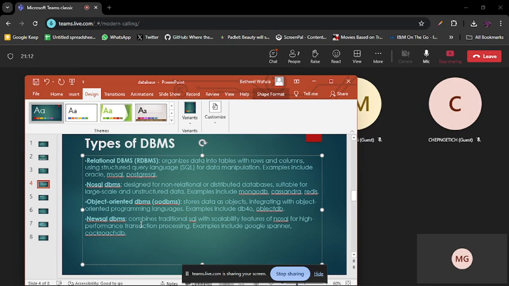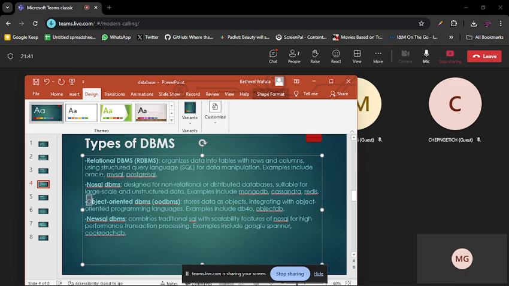These are the types of data systems you could expect in any business transaction in modern days. NoSQL DBMS is designed for non-relational distributed databases. These are suitable for large-scale companies, and it also handles unstructured data. Examples are MongoDB, if you have heard of it, Cassandra, etc.